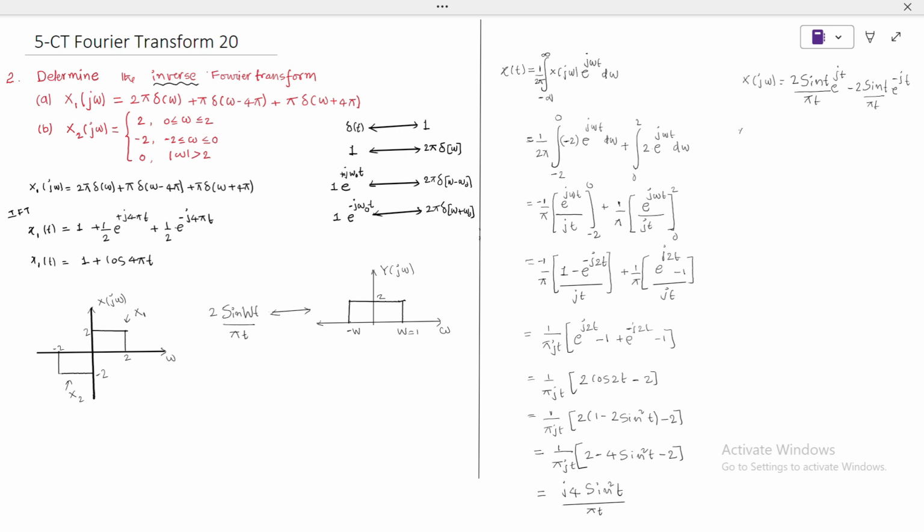So X of j omega equals, 2 sin t by pi t is common. Then here e power j t minus e power minus j t.